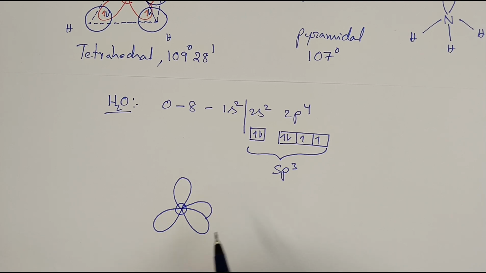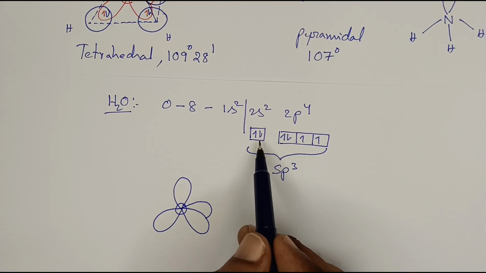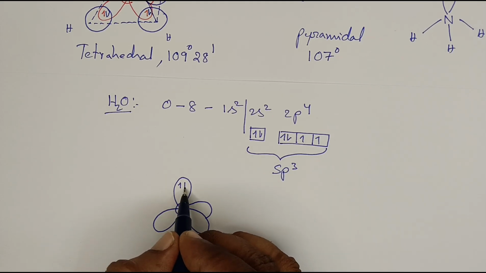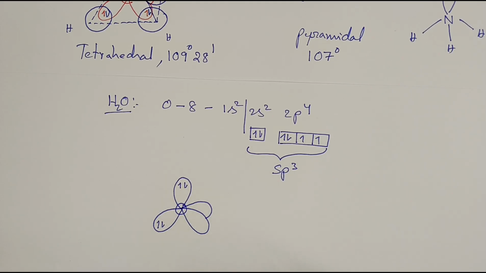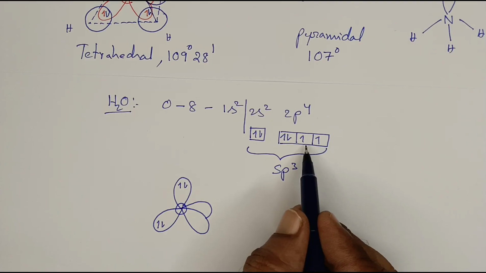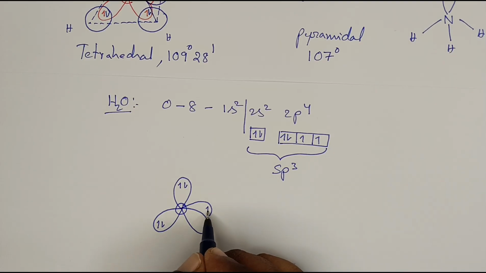Out of these 4, 2 orbitals contain lone pairs of electrons and the other 2 orbitals contain unpaired electrons. With these unpaired electrons, the s orbitals of 2 hydrogen atoms with 1 electron each combine to form the H2O molecule.